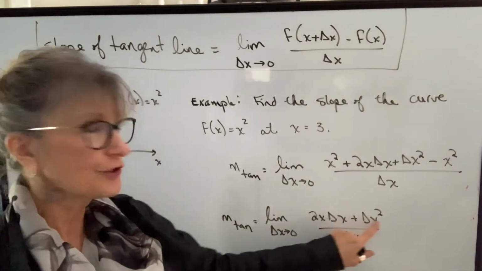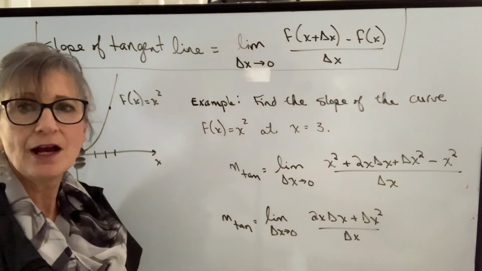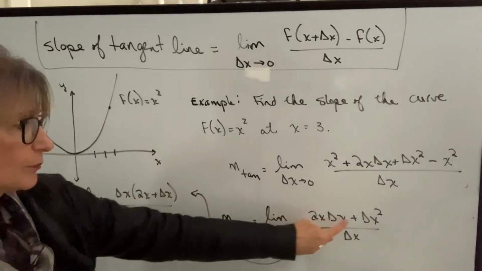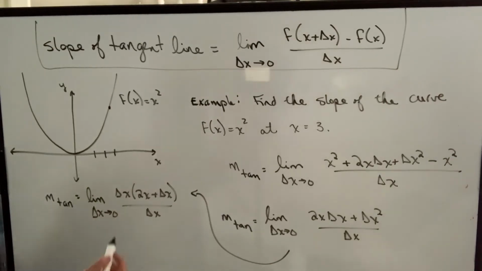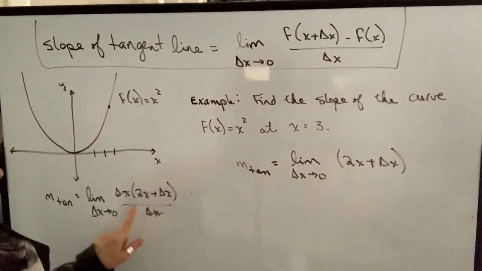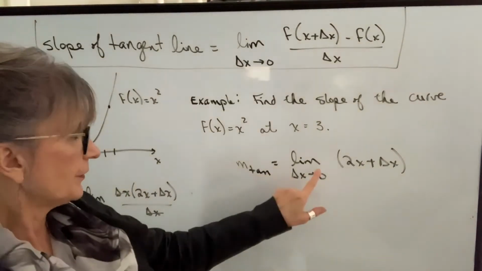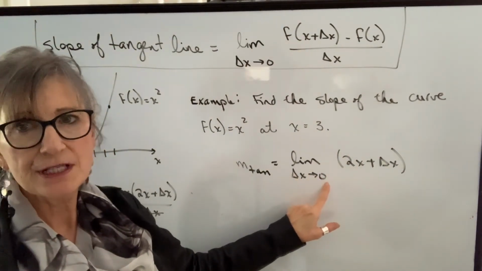However, I can factor my numerator, and I'm going to hope that by factoring my numerator, I can simplify. So when I factor a delta x out of both terms in my numerator, I end up with this. And then I have a factor of delta x in the numerator and in the denominator, so I can cancel. I had to erase a bunch of things to be able to fit this on, but when I cancel the delta x factors, I end up with the limiting value of just 2x plus delta x as delta x approaches 0.